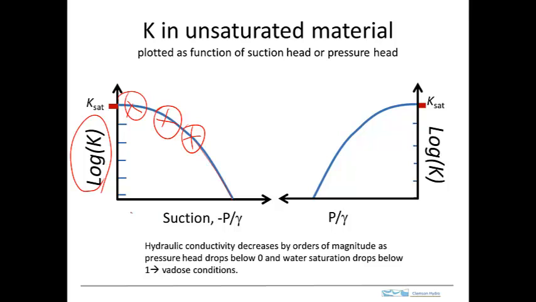So here's the plot of hydraulic conductivity as a function of suction. Sometimes we see it plotted as a function of pressure head, and so suction is negative pressure head. So if we took the same plot and plotted it as a function of pressure head, it would look like this one here, a mirror image.